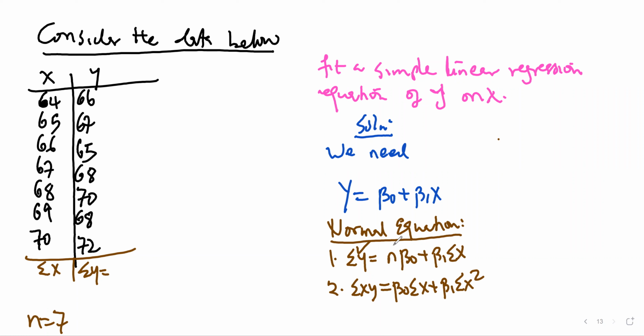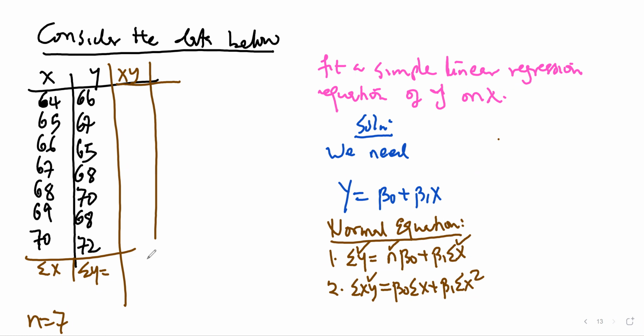You need summation of x times y, so you add another column here, x times y, and sum it down here. You need summation of x square, so you need an x square column as well. And we saw that you can obtain these values from your calculator.